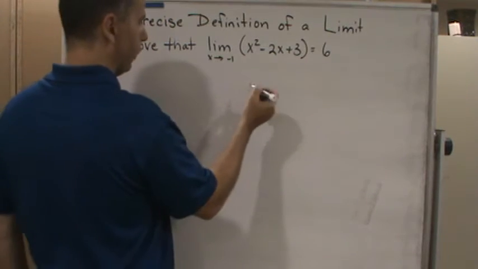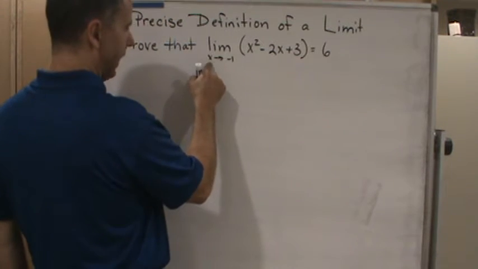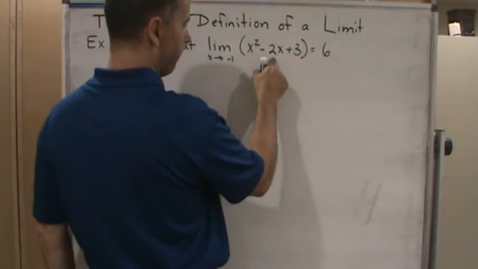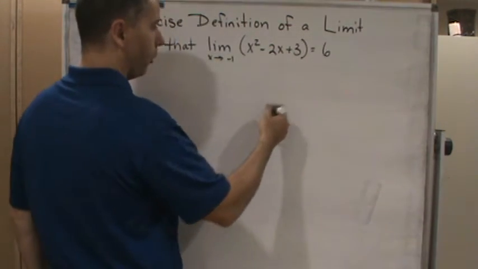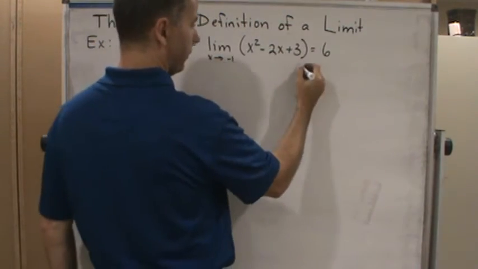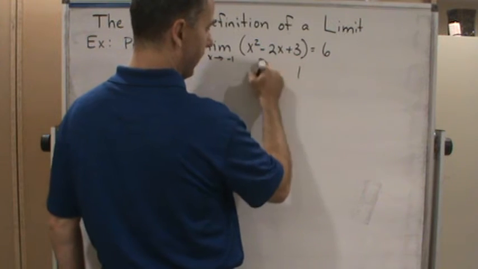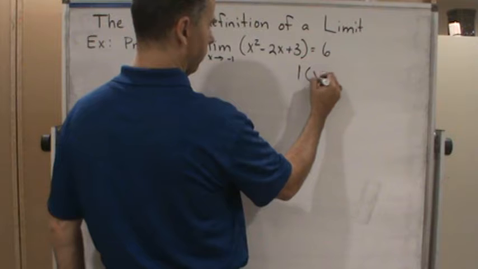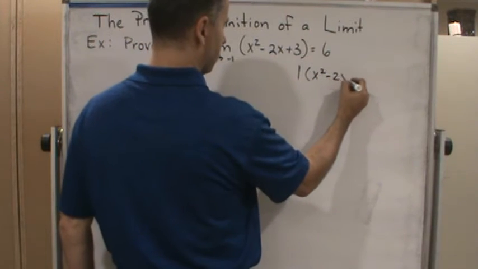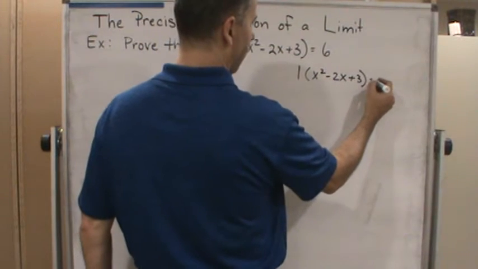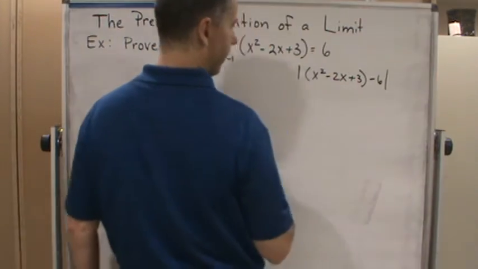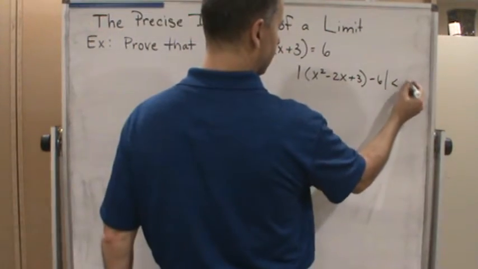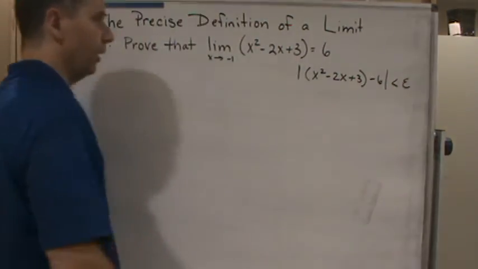So remember, we've got our x and a and our f of x and L. So again, we start with the absolute value of f of x minus L, which is going to be the absolute value of x squared minus 2x plus 3 minus 6. The absolute value of that difference is going to be less than epsilon, right?